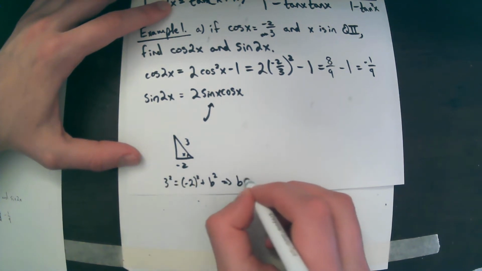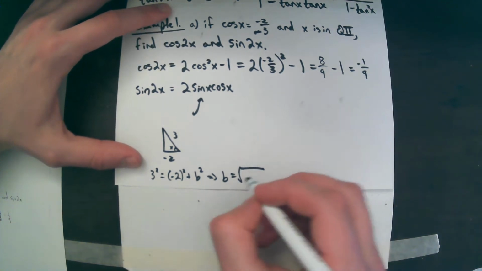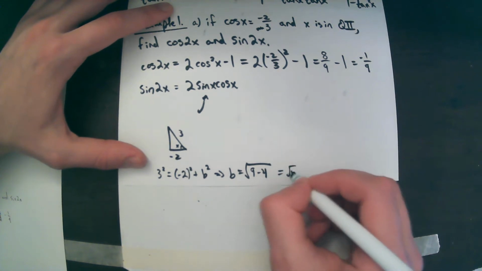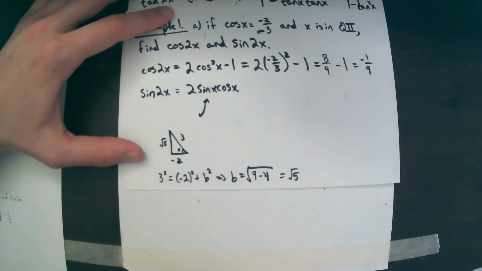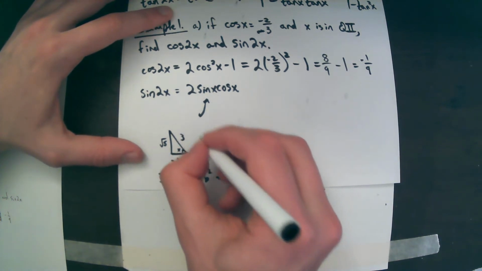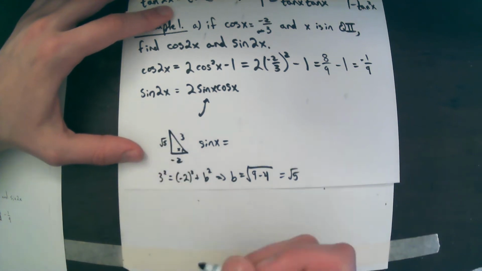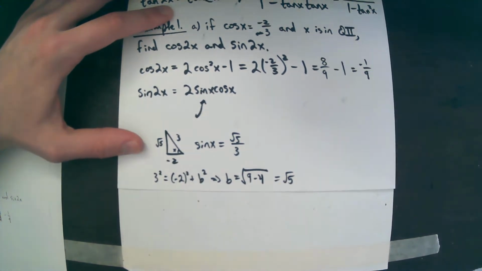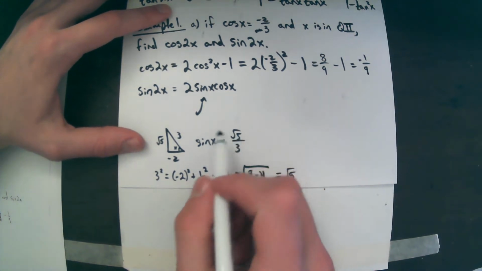That's going to give me b is equal to square root of 9 minus 4, so square root of 5. That means that sine x, which is what I needed this triangle for, is square root of 5 over 3. And it's positive because I'm in quadrant 2.